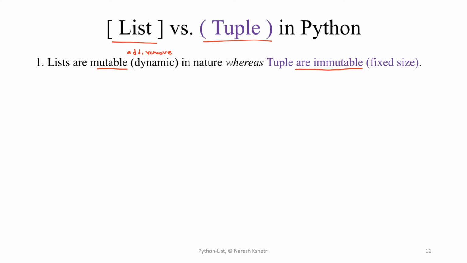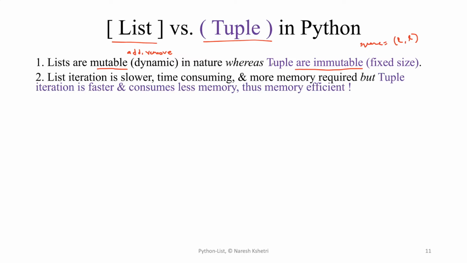You use a tuple if there is something fixed, say, a fixed size of a square. That is fixed, so in that case we are using the tuple.